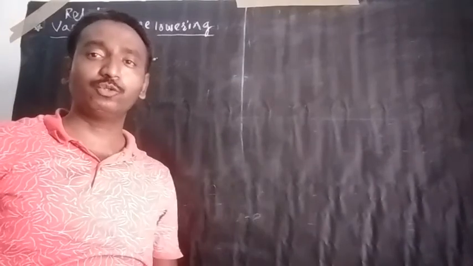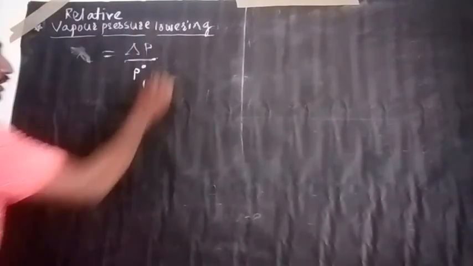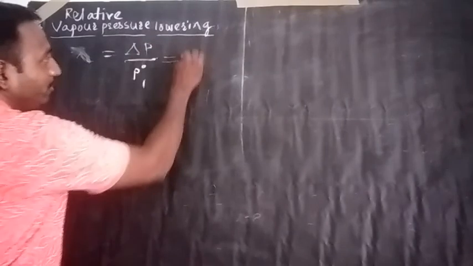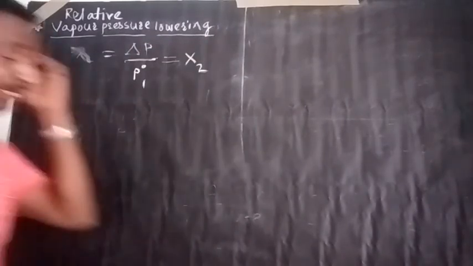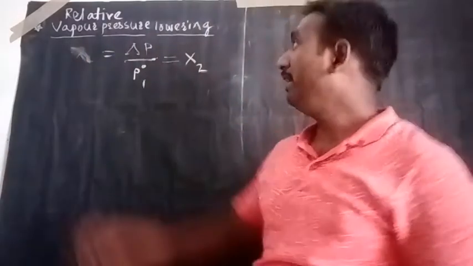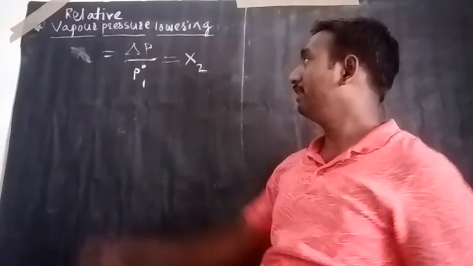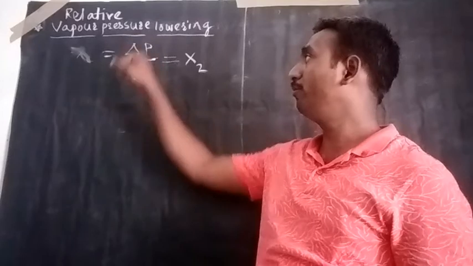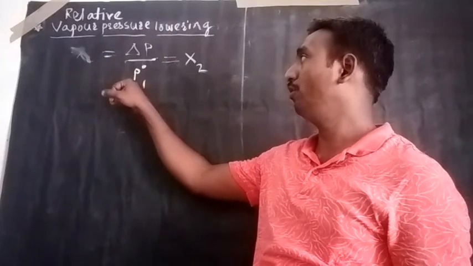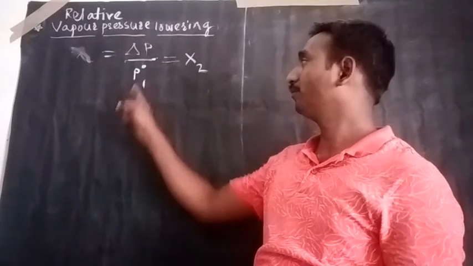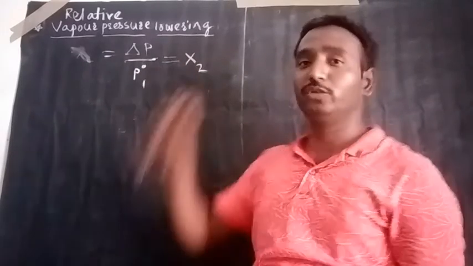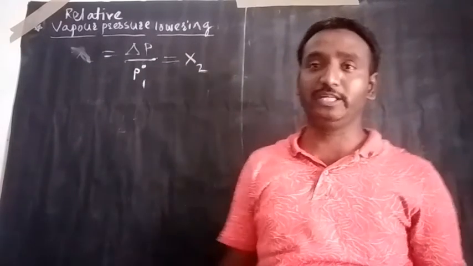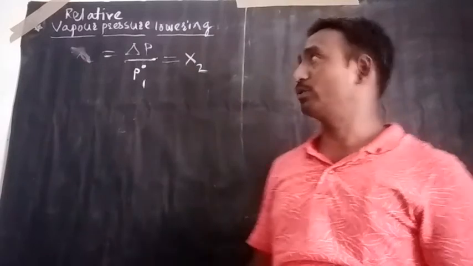But according to Raoult's law for solution containing non-volatile solute, delta P upon P01 is equal to x2, and from this we can define mathematically relative lowering of vapor pressure as the ratio of lowering of vapor pressure to the vapor pressure of the pure component, the solvent in pure form, which is equal to the mole fraction of the non-volatile solute, that is x2.